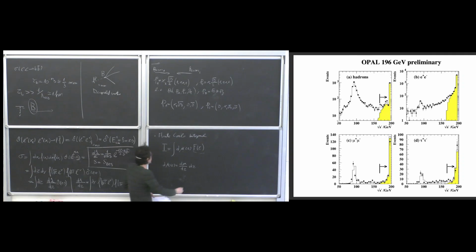How we split this and that is arbitrary, and in fact there can be better or worse choices. But for us, dμ/dτ will be identified with the differential luminosity, and the function f(τ) to be integrated is our σ̂(τs), our cross-section.